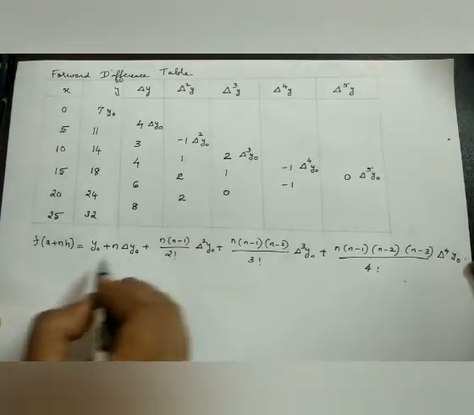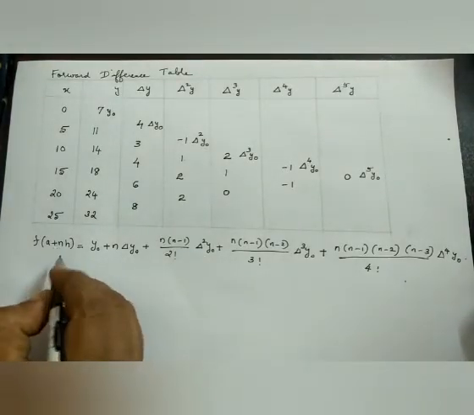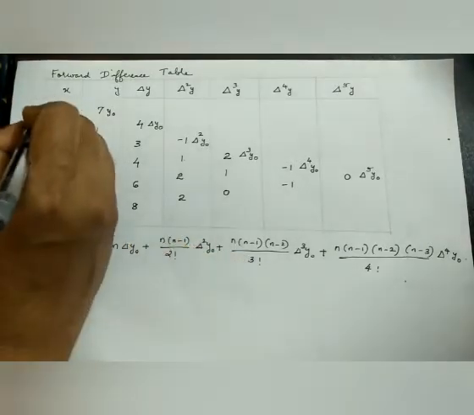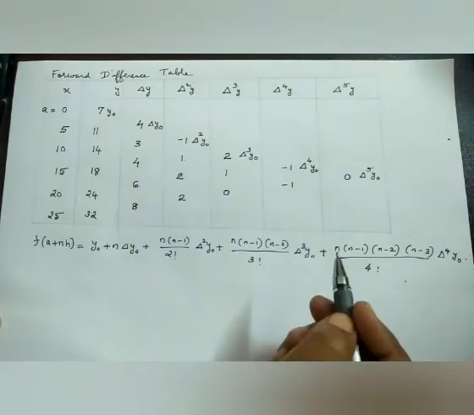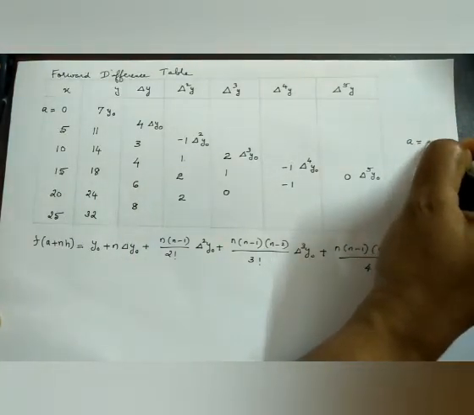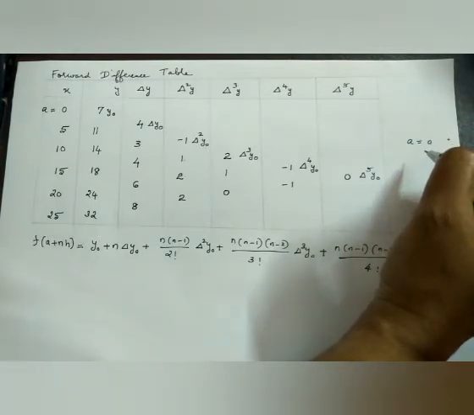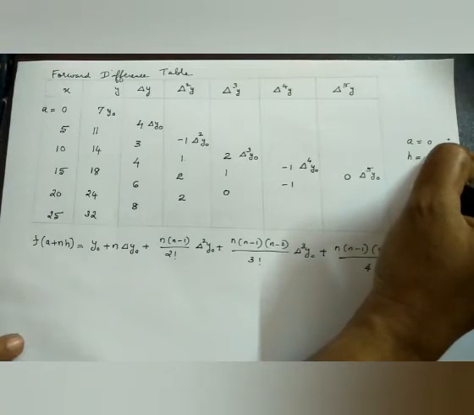Here another question is that we want to find out the value for n. Okay, here we know that the first value is a, that is equal to 0. Therefore we can write here a as 0, and h is the interval of differencing, that is equal to 5.